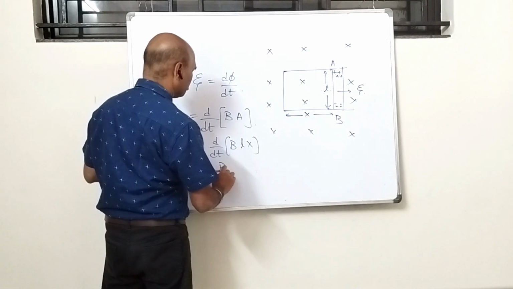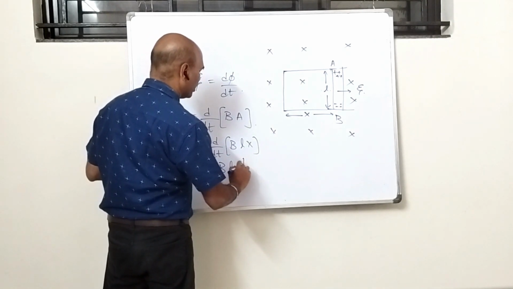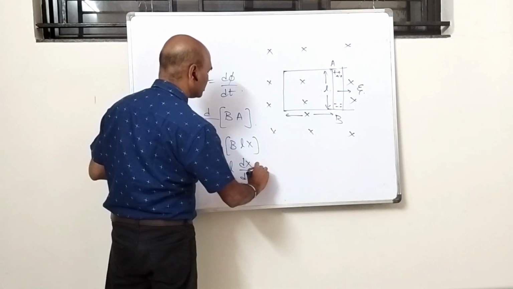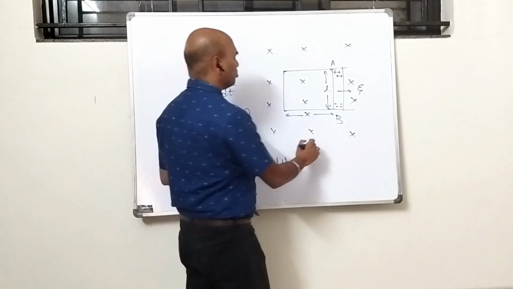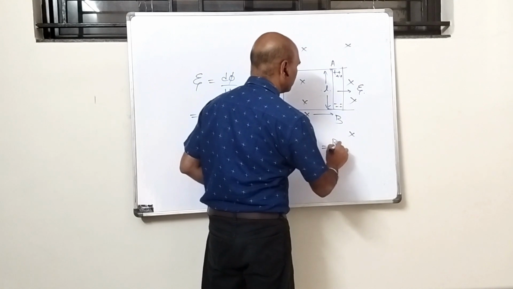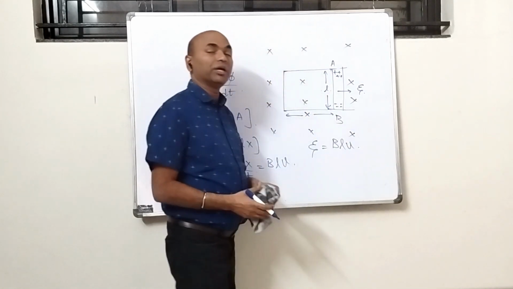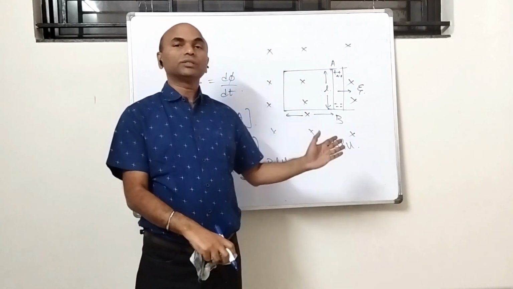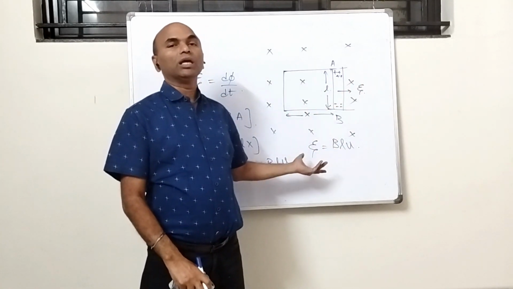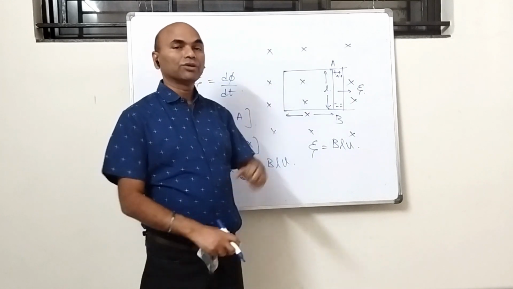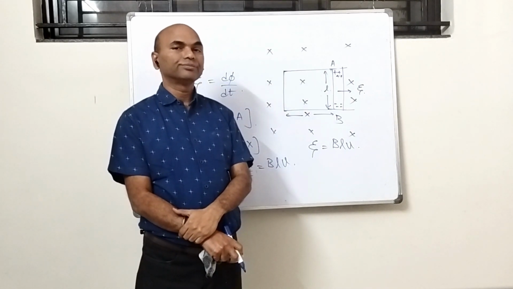So it becomes BL into dx/dt, which is BLv. So I said that the motional EMF developed must be equal to BLv. Okay, in other words, more is the velocity of the rod with which we are moving, more is the EMF developed across the ends of this rod, which is AB.